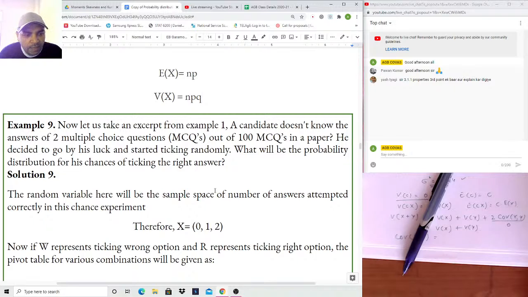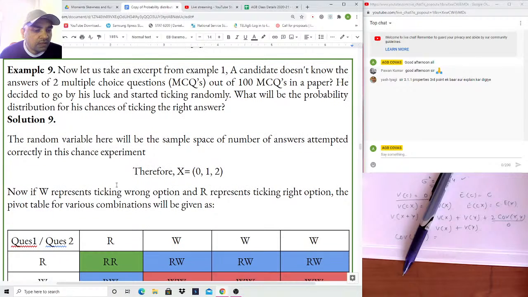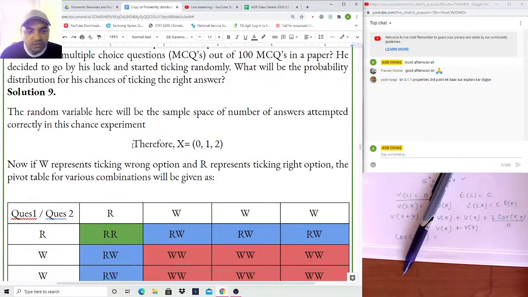What is the probability distribution for his chances of picking the right answer? The random variable here will be the number of answers attempted correctly in the chance experiment. In the first example we studied that either none of the questions will be correct, or one of the questions will be correct, or both of the questions will be correct for that student.